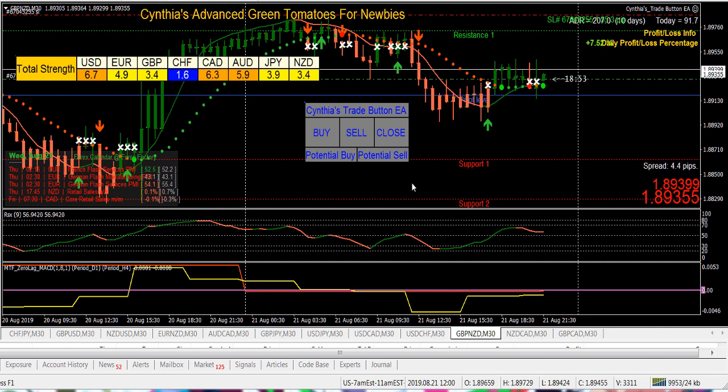Starting at 5 p.m. Eastern is when the Asian Tokyo session starts, and it really gets rolling about 7 p.m. Eastern. And there are certain pairs that move better during the Asian Tokyo session. So I've identified those, I've gathered them together into one profile. And I've done the same thing for the other 3 trading sessions.